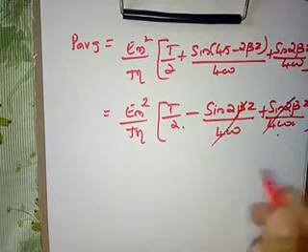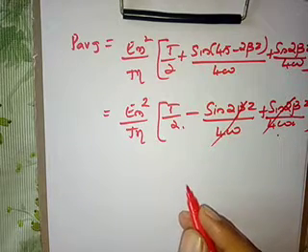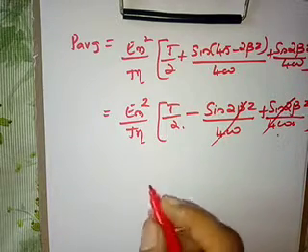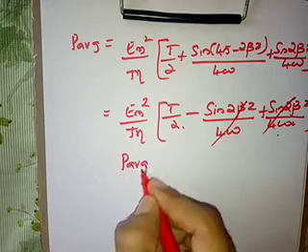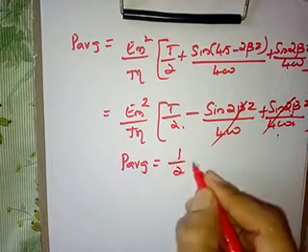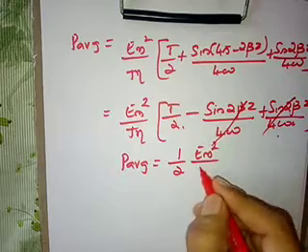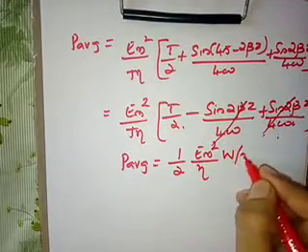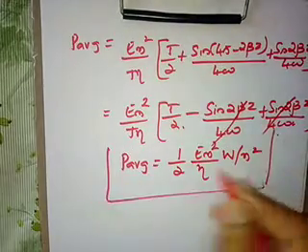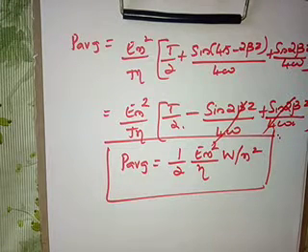So this and this term will cancel, and finally we get the equation for average power. P average is equal to 1 upon 2 Em square by eta watt per meter square. So this is the equation for the average power.